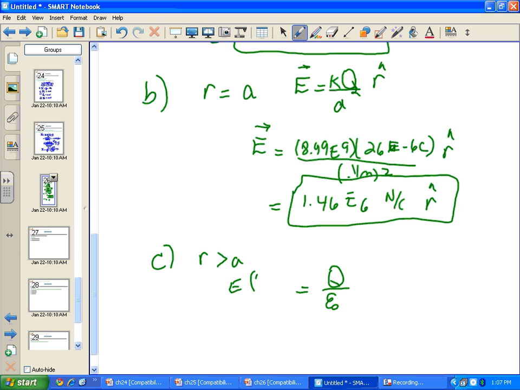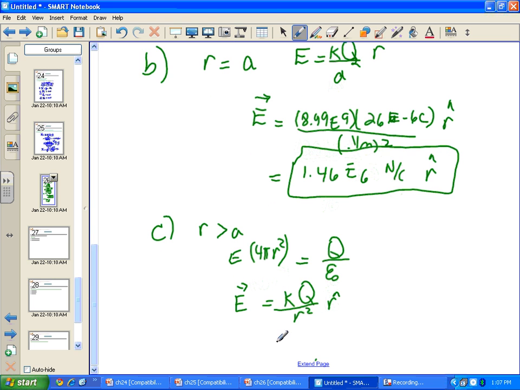E times the surface area of our Gaussian sphere gives us an expression that E equals 1 over 4 pi epsilon naught, which is K, Q over R squared in the R hat direction.